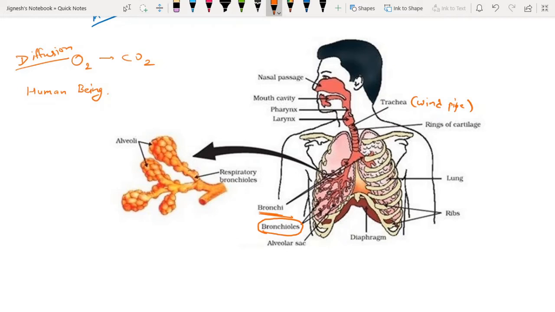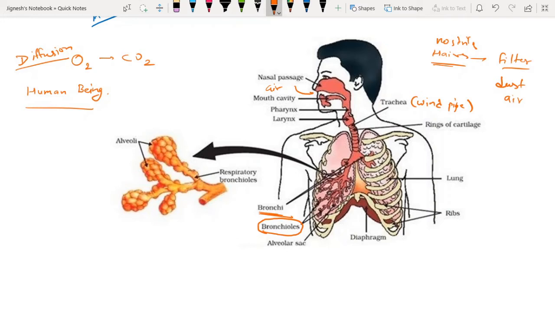Now let us understand how respiration takes place in a human being. The air enters from the nasal passage.